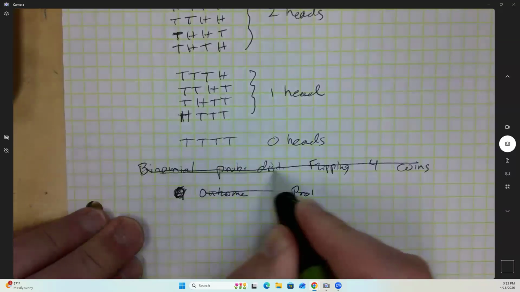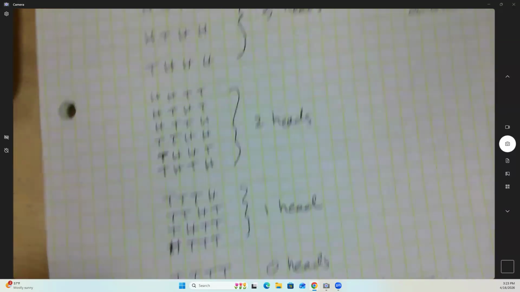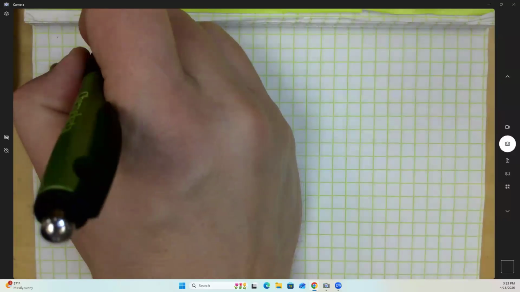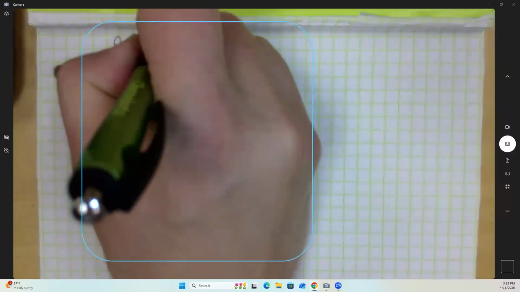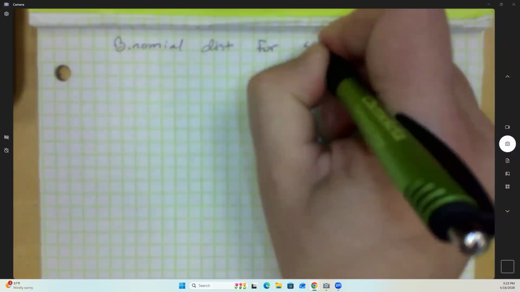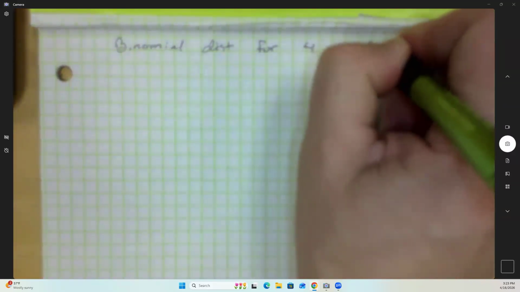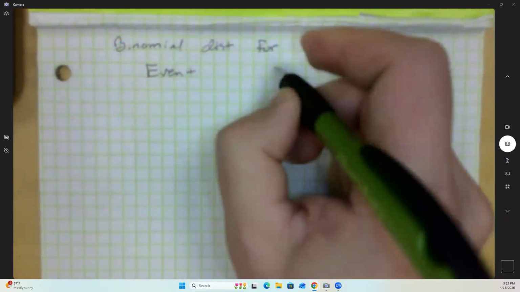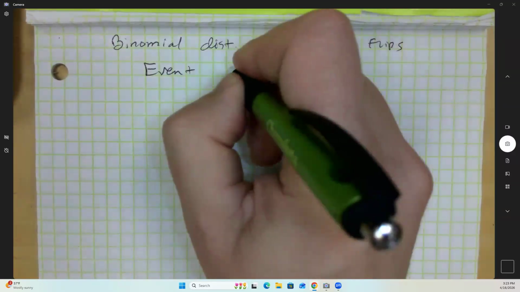So I'm going to start on another page because I ran out of space. Binomial probability distribution or binomial distribution for 4 coin flips. So my event and the probability.